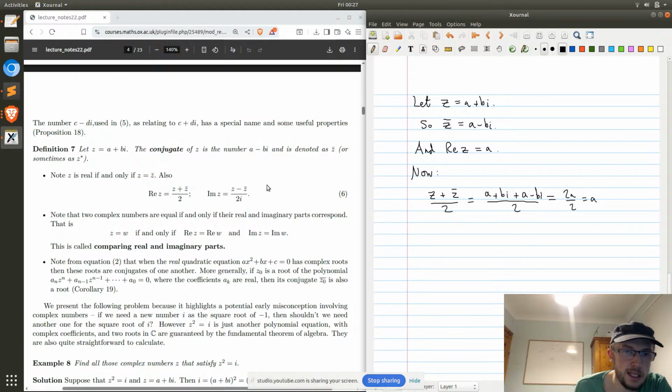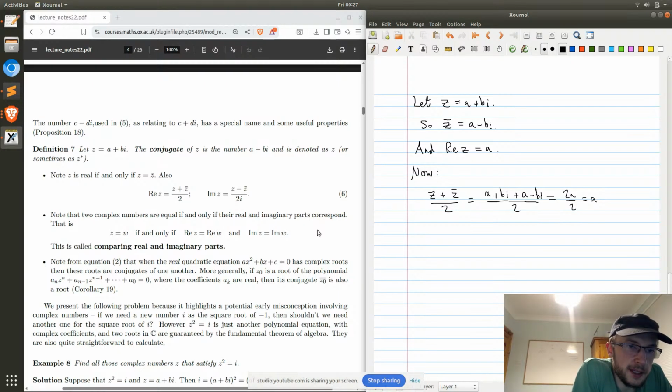Likewise here, by design, that's going to eliminate the real parts. The imaginary parts get added together, and you get bi, and then another bi, and so you get 2bi, and you have to divide that by 2i, and you get b, and so that makes total sense now.